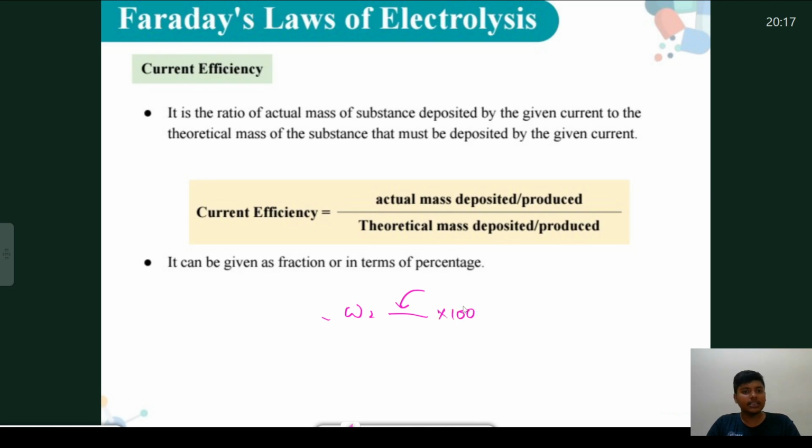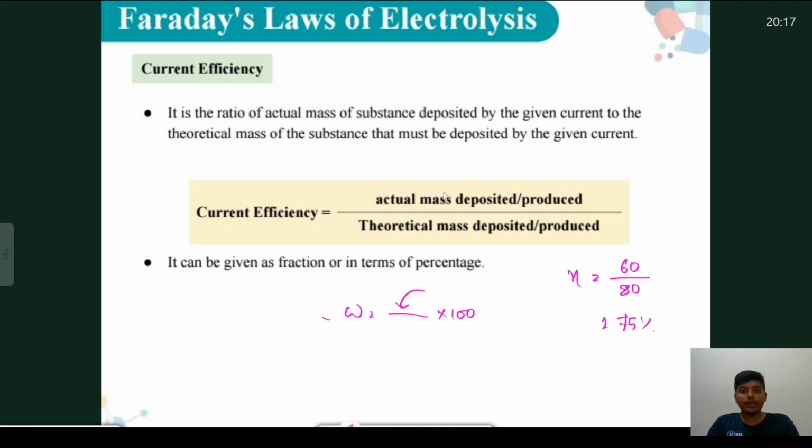That is efficiency percentage, or if you are not multiplying, then current efficiency. Let's suppose you should get 80 but you are getting only 60. So your efficiency will be 75%. Understood? That battery efficiency is 75%. Yes or no? Yes, sir.